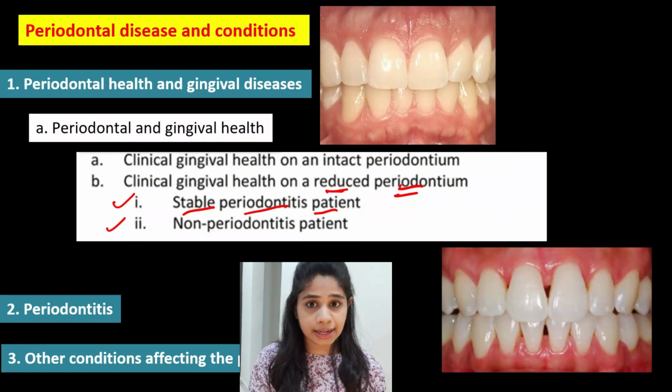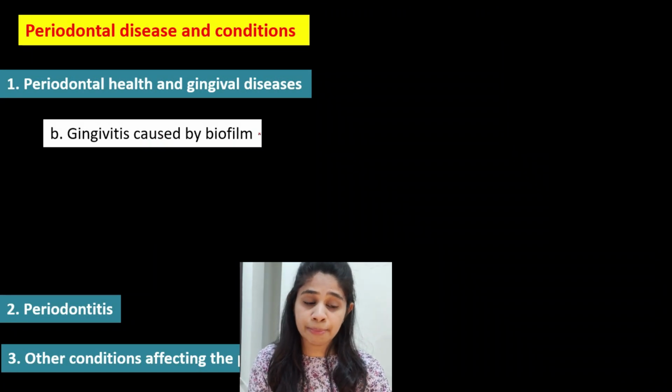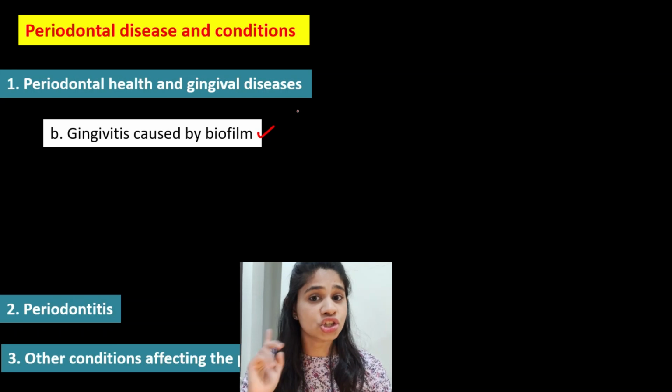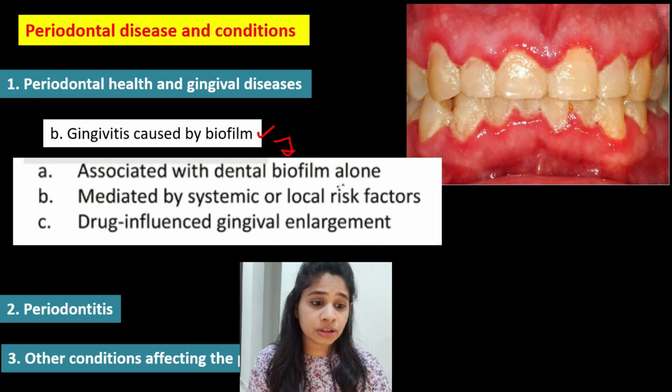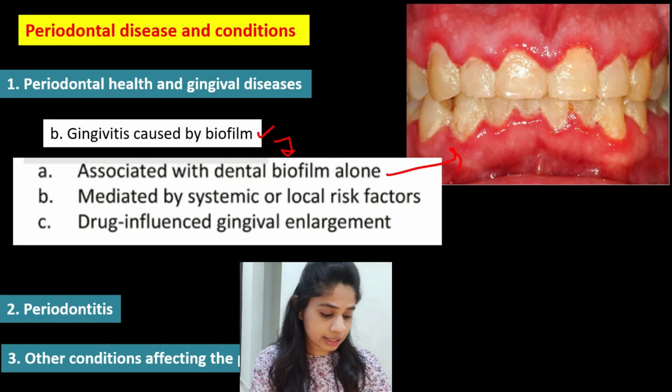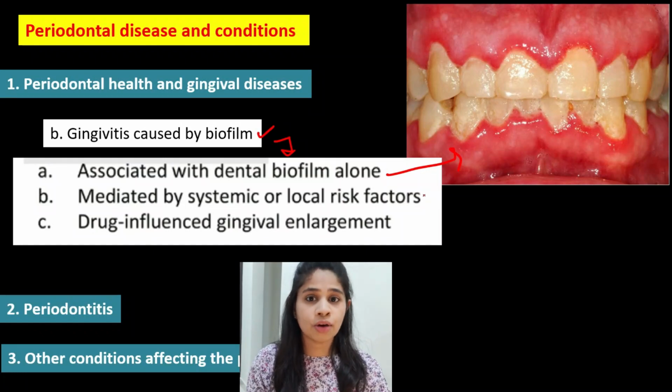Now the second category in this subgroup is gingivitis that is caused by a biofilm. The first category was gingival health; now it is the gingivitis condition. This subgroup is associated with dental biofilm alone. The second category is mediated by systemic or local factors. Local factors such as crowding can cause increased plaque accumulation, further leading to gingivitis.